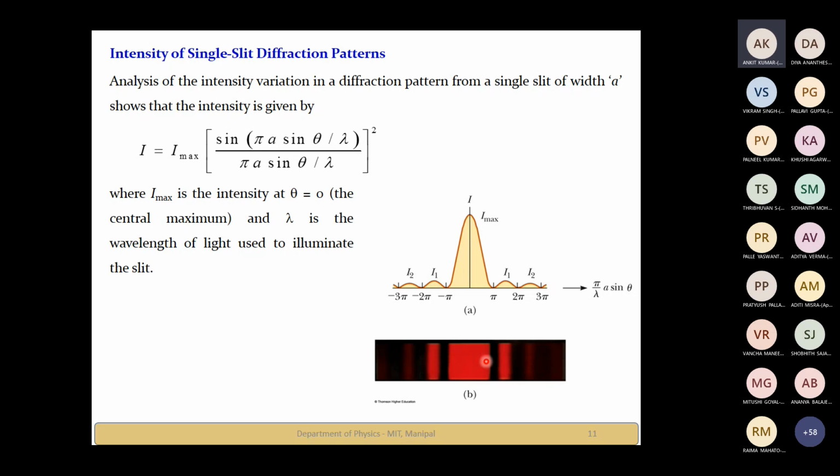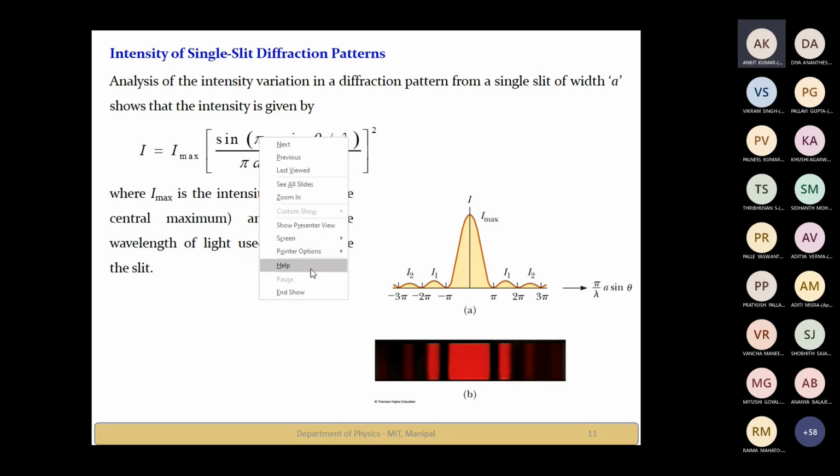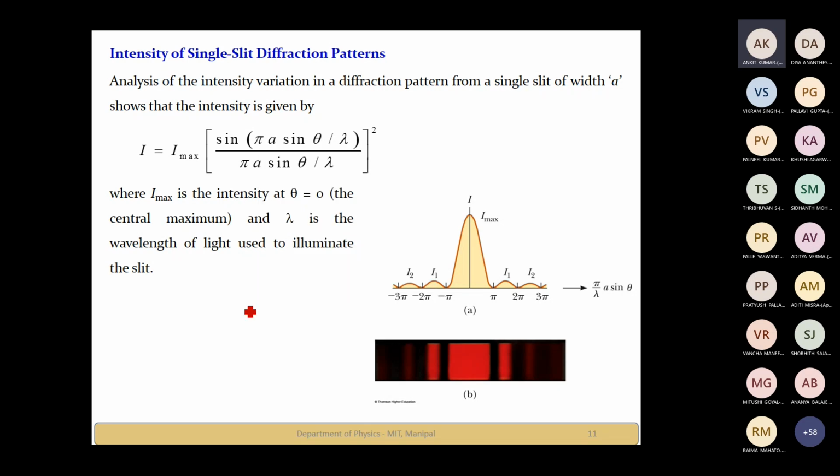Now, what I'm discussing here is, suppose I take A exactly equal to lambda, what will happen on the screen? What kind of pattern are you going to expect on the screen? That's my question.